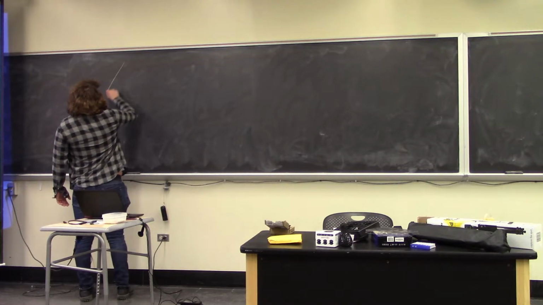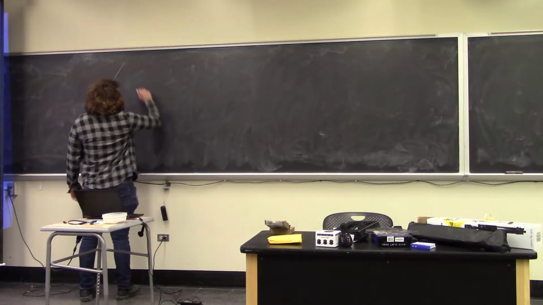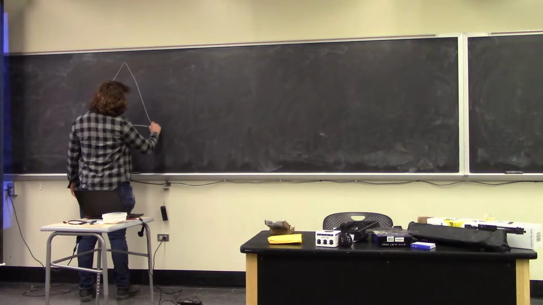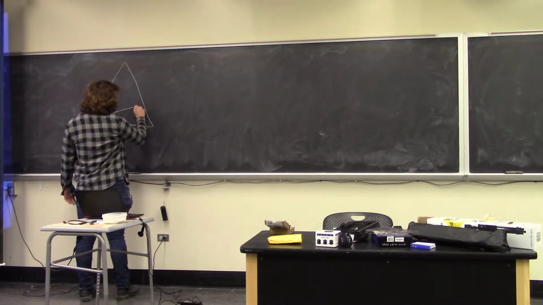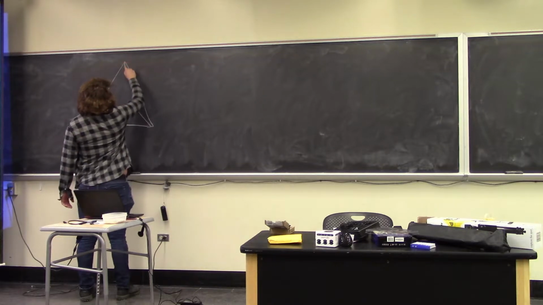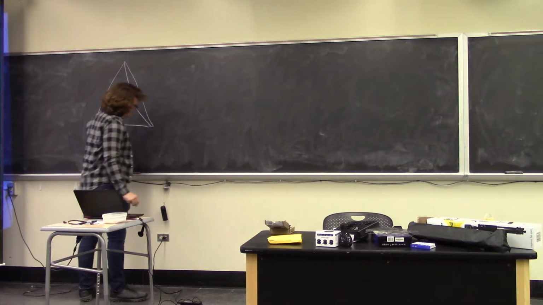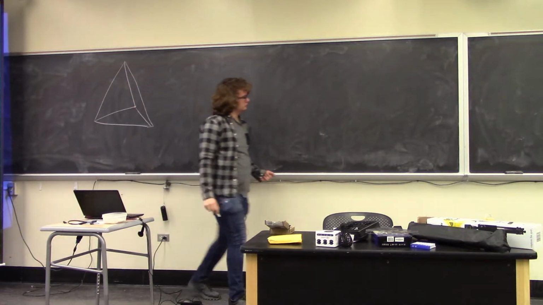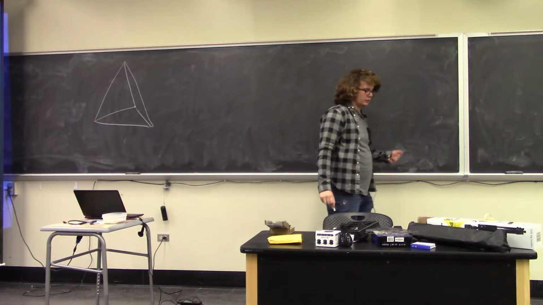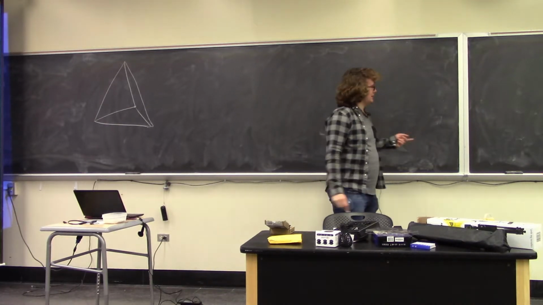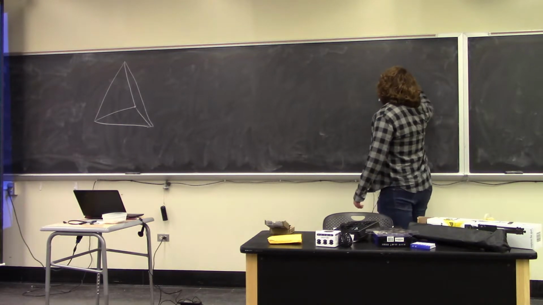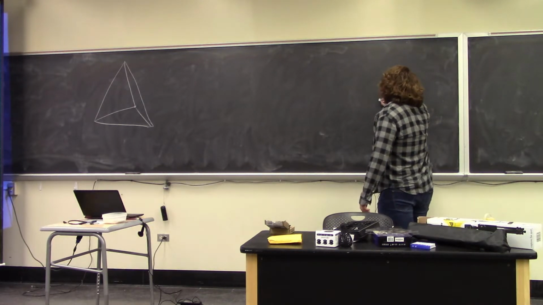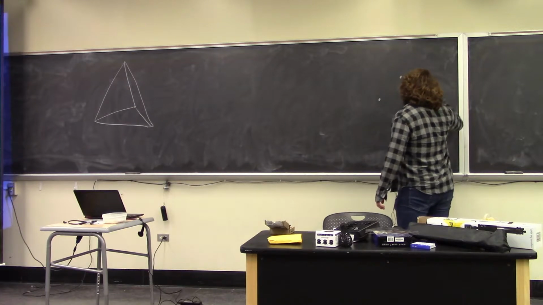So let's take a tetrahedron, the surface of a tetrahedron, right? And I want to, what's the name of octa something? Octahedron, yeah, that's what I'm about to draw.